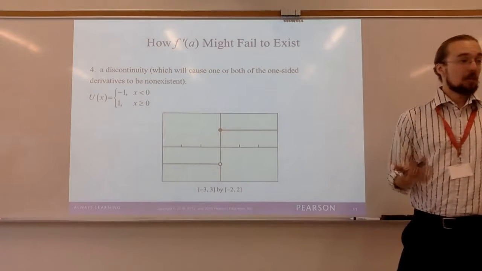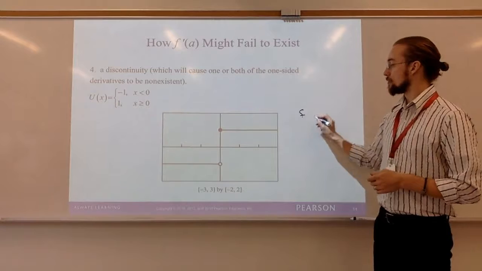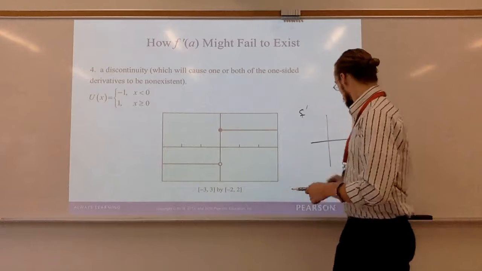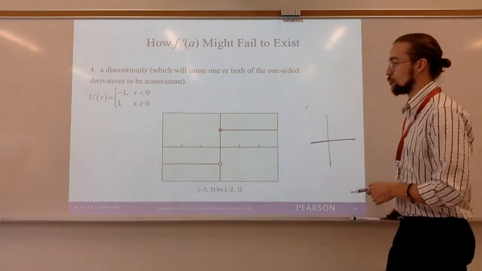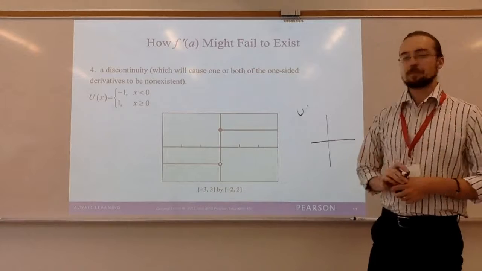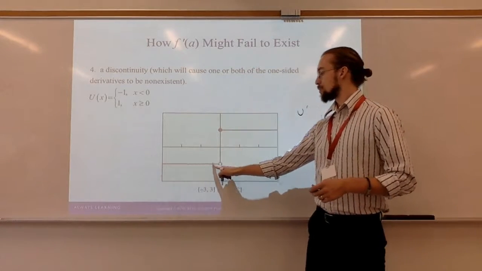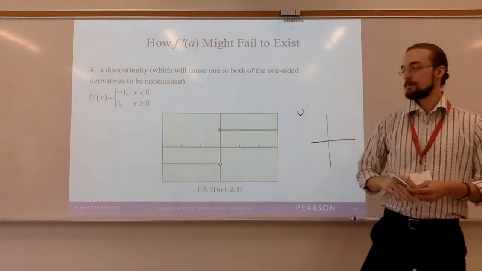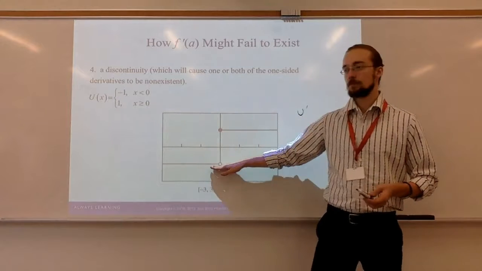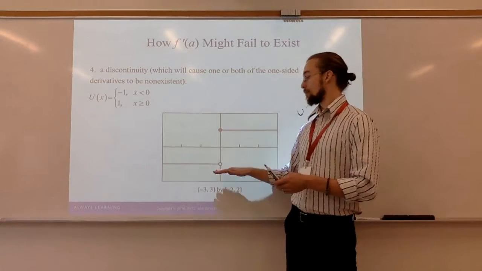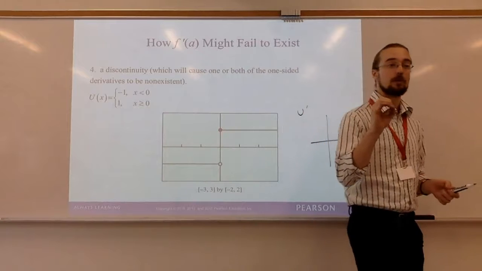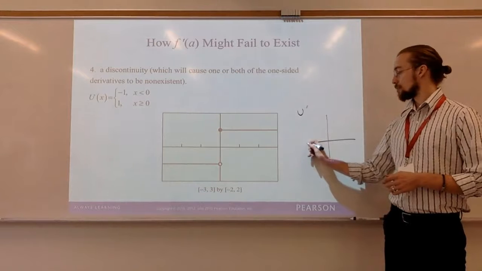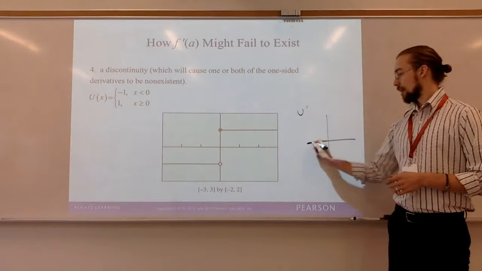Again, we could try to sketch the derivative of this curve. Actually, they called this u, so this would be u prime, not f prime. What's the slope of this piece over here where x is less than 0? The value of that function is -1, but the slope is 0. So if I'm sketching my derivative, that would just be at 0.